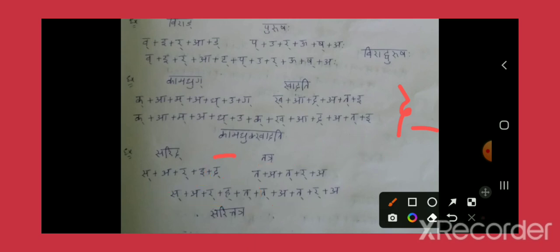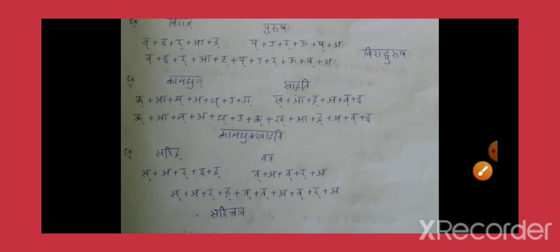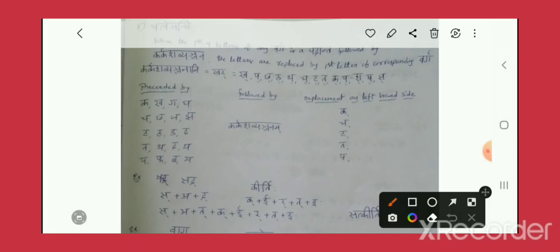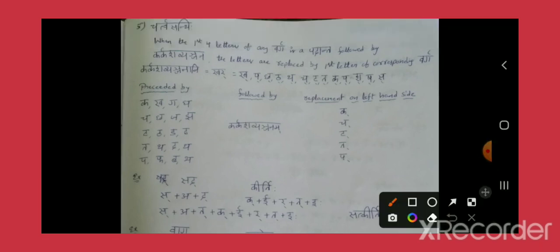We'll see the definition once again. Chartva Sandhi means when the first four letters of any varga are at the end of a padam, a padanta, and followed by a karkasha vyanjana. Karkasha vyanjana means a khar letter.